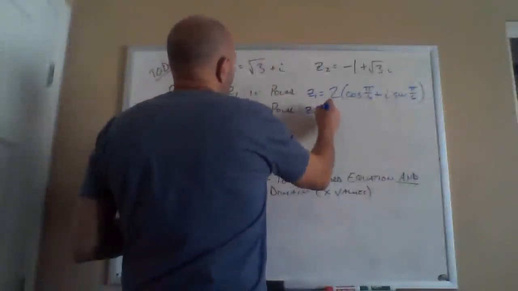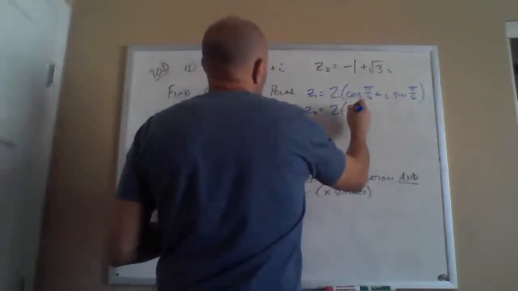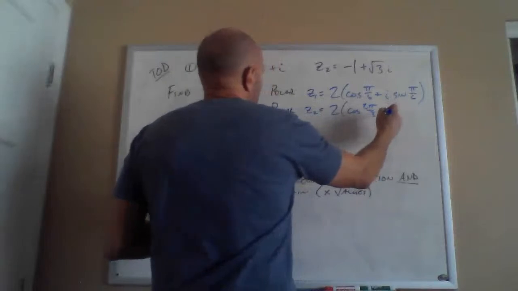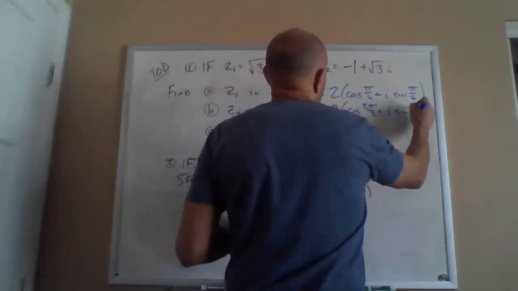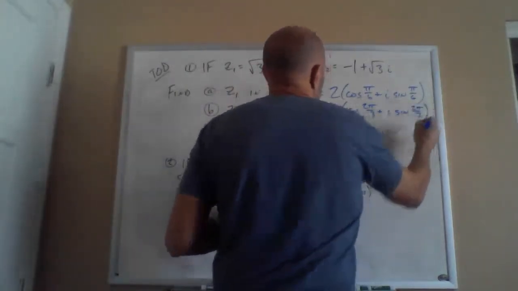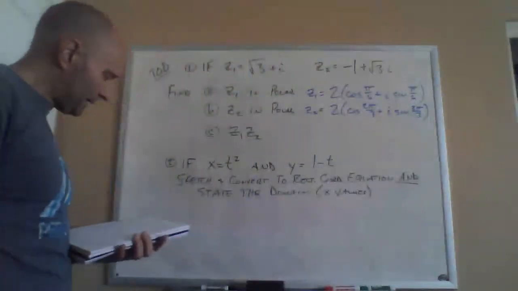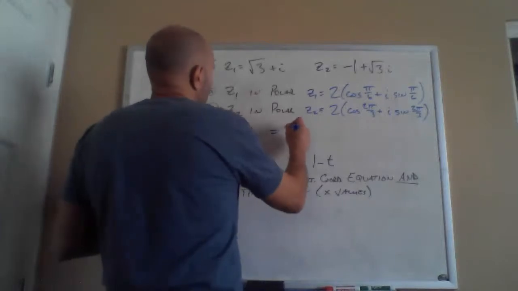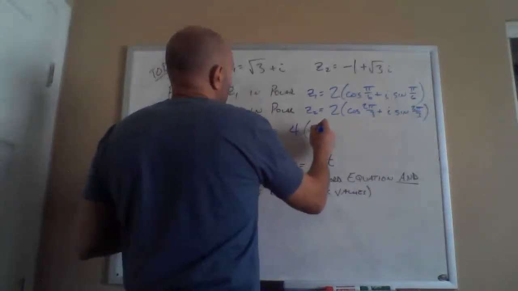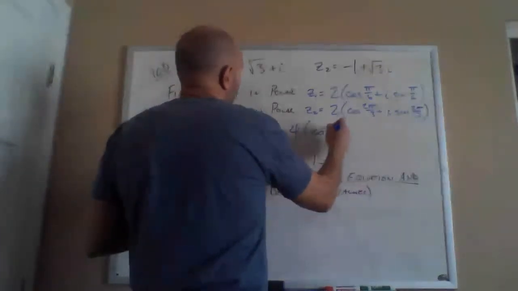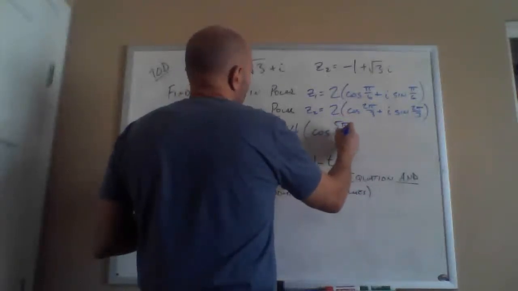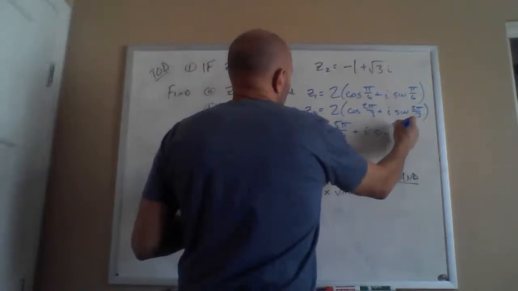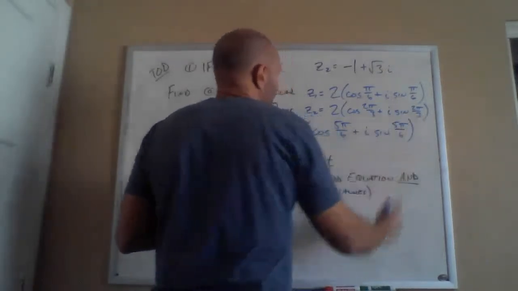Part B, Z2 is 2 cosine of 2 pi over 3 plus i sine of 2 pi over 3. In part C, the product is 4 times cosine of 5 pi over 6 plus i sine of 5 pi over 6.